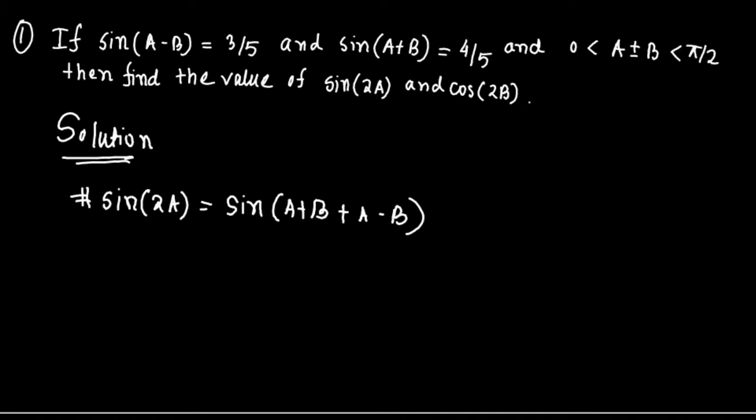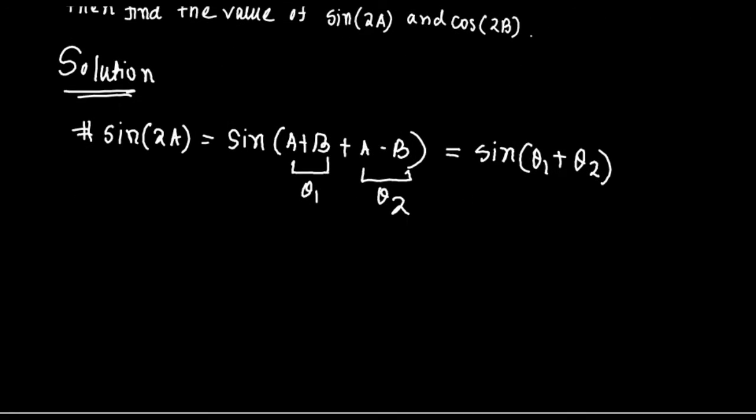Now you can consider this a plus b as theta 1 and this a minus b as theta 2. So it is equivalent to sine of theta 1 plus theta 2. That means it is actually the sine of a plus b formula. What is the formula of sine a plus b? It is sine a cos b plus cos a sine b. So here theta 1 is a plus b and theta 2 is a minus b.